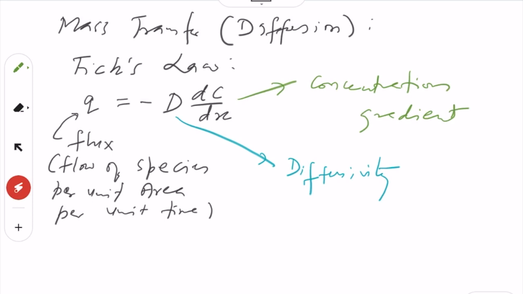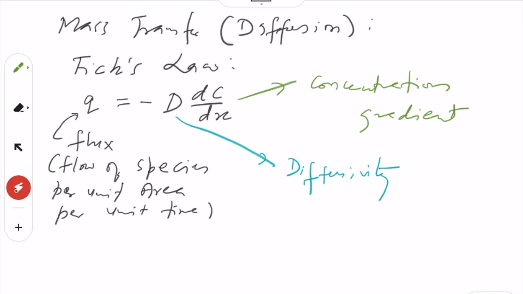Again, what you see is some quantity written as equal to some constant and then a gradient. A similar pattern. All of these are based on flow only, whether it's a flow of liquid, flow of heat, or flow of some ions.